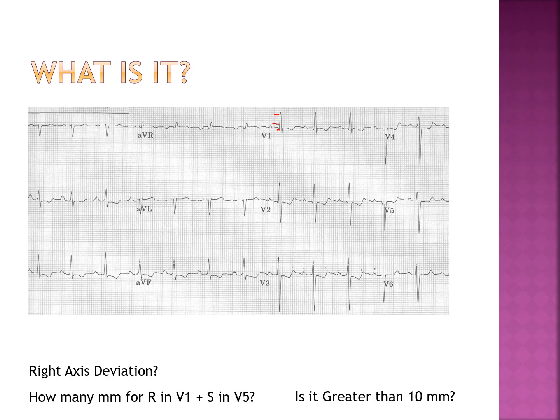And then we come over here. Let's look at this one because it's unobstructed. So we start there, go up to here, and we can automatically say 5, 10, 15. So 15, and we're automatically over. So it's all greater than 10 millimeters. So we can go ahead and say we have a right ventricular hypertrophy.